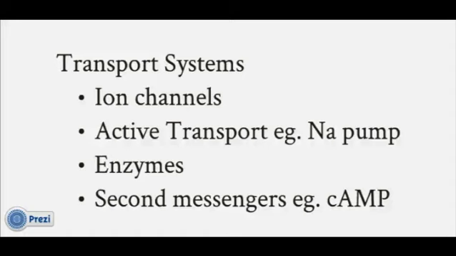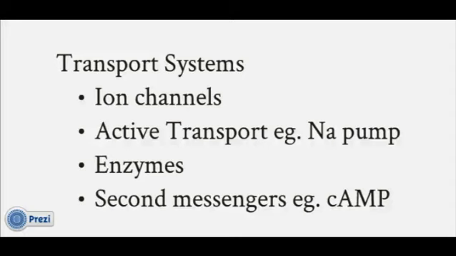Enzymes are important catalytic proteins that increase the rate of chemical reactions in the body, and certain drugs act on enzymes either by inhibiting or enhancing the action of enzymes. For instance, anticholinesterases enhance the action of acetylcholine. Second messengers are chemicals present within the cell which increase due to receptor activation and bring about a cellular response.